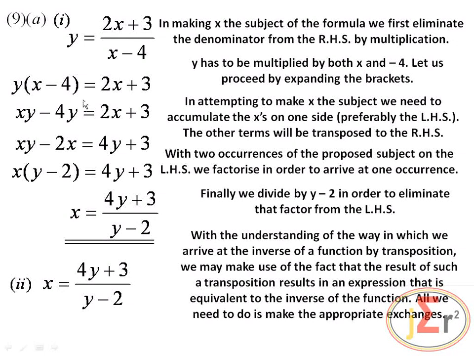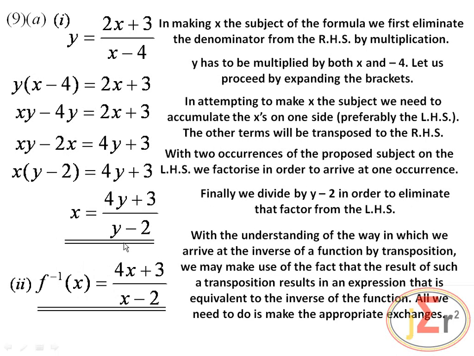We know that the inverse is related to the transposition that we have just done, and all we have to do is just make the necessary changes. So we have f inverse of x is equal to, all we need to do is replace these with x, 4x plus 3 over x minus 2, and that is all there is to it.